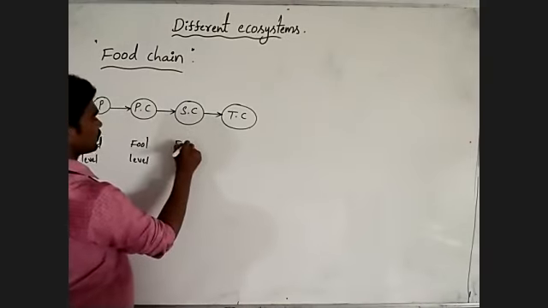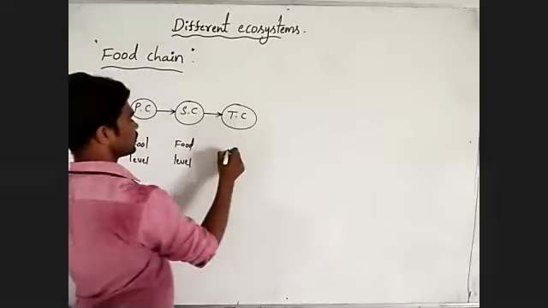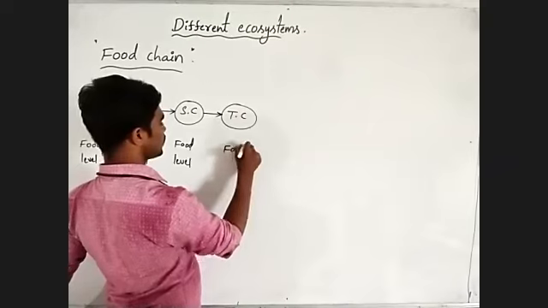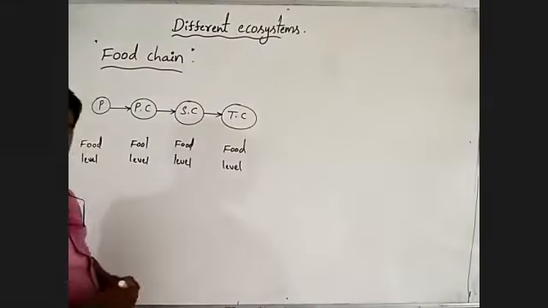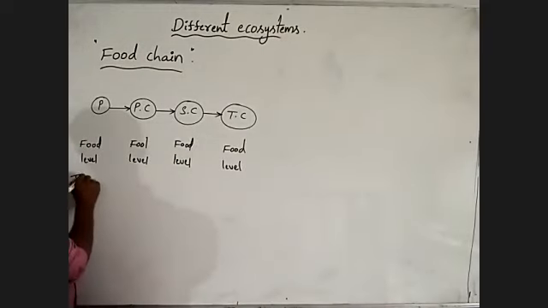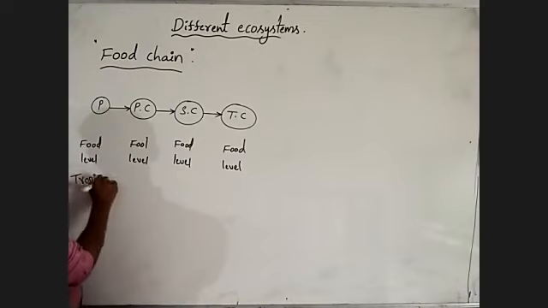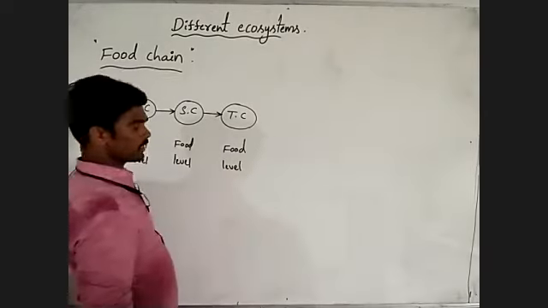Here another level. These are also called trophic levels. This is a trophic level, here another, here another.